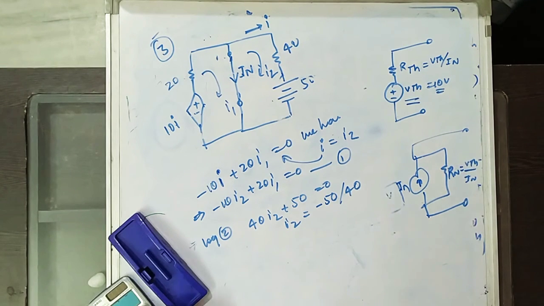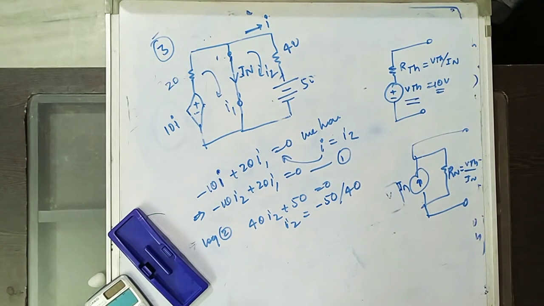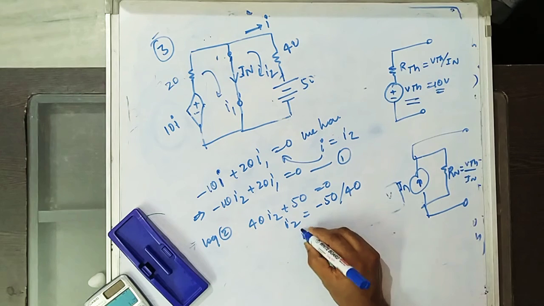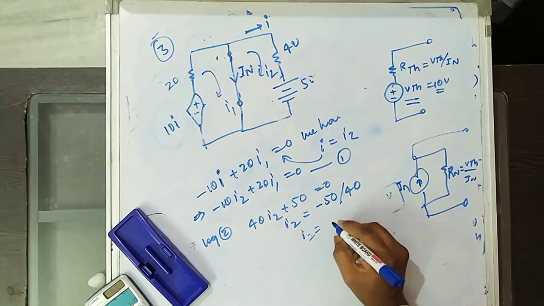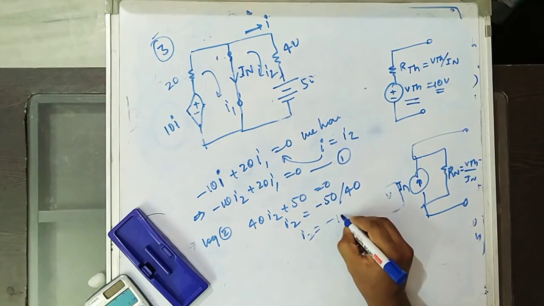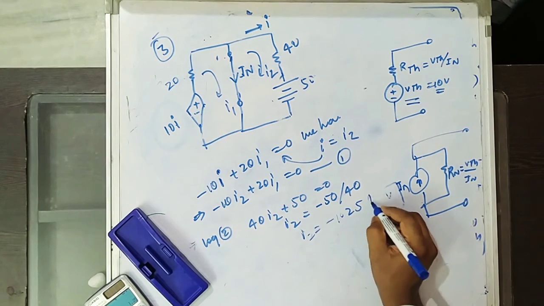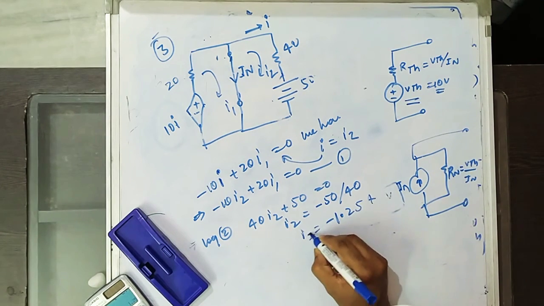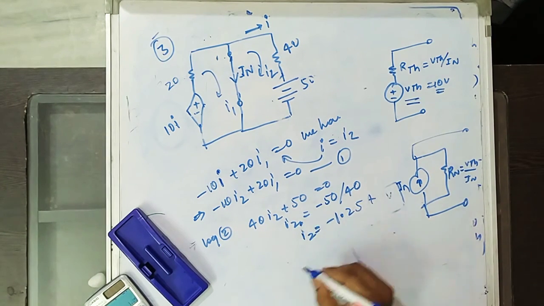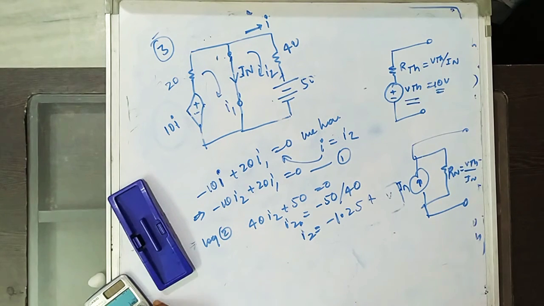So you get I2 current equal to minus 1.25 amps. So what is I1 then?